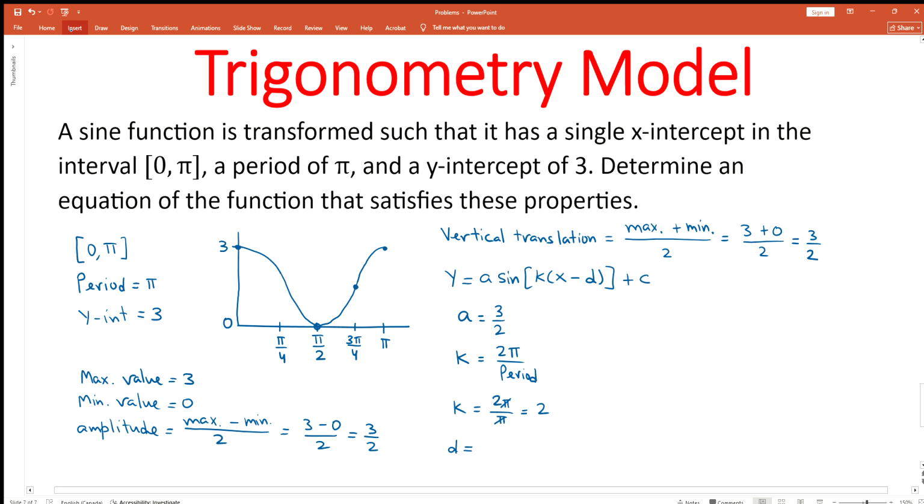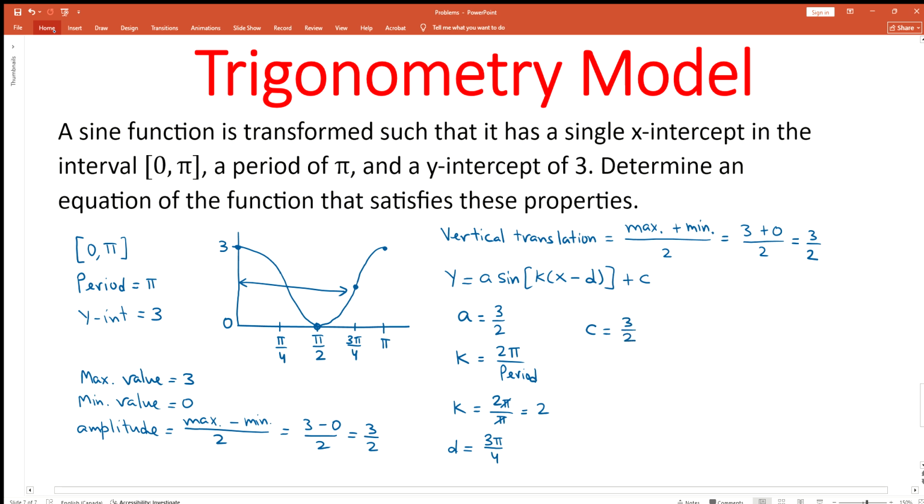This point has been translated 3 pi over 4 units to the right side. That means the phase shift for this transformed sine function is positive 3 pi over 4 because this phase shift is to the right side. The next one is c. c represents vertical translation and we calculated it as 3 over 2.